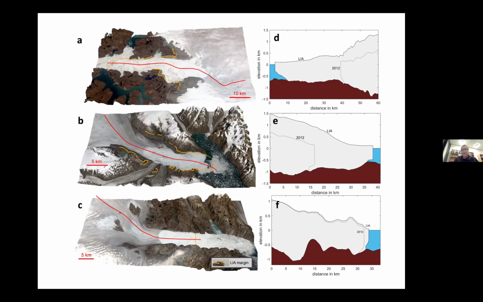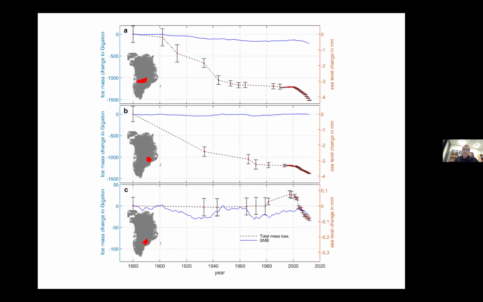Now, all this thinning causes a lot of unloading. This is the total mass loss for Jakobshavn, Kangerlussuaq, and Helheim. For Jakobshavn, it's more than 1,000 gigatons over 120 years, and it's the same for Kangerlussuaq.